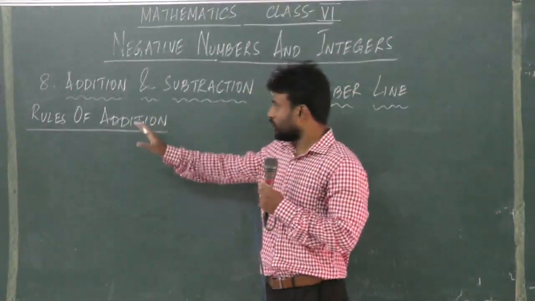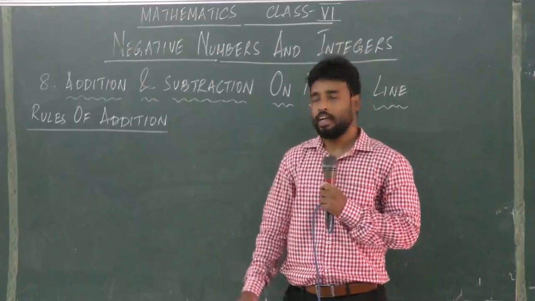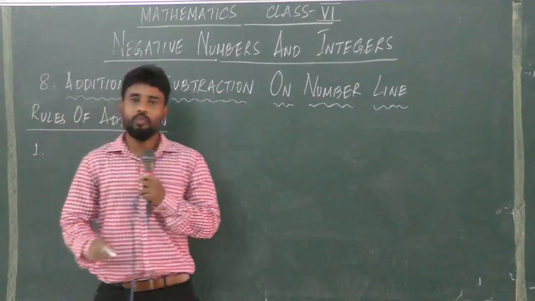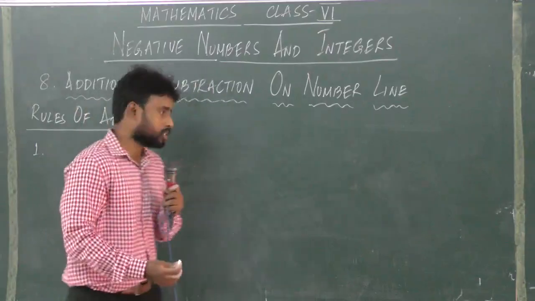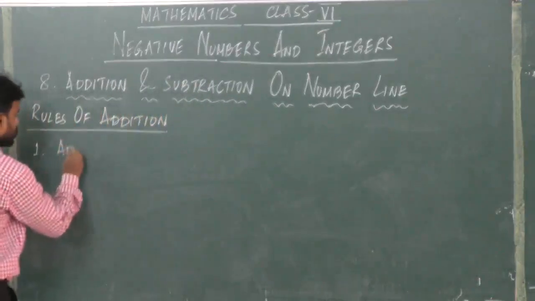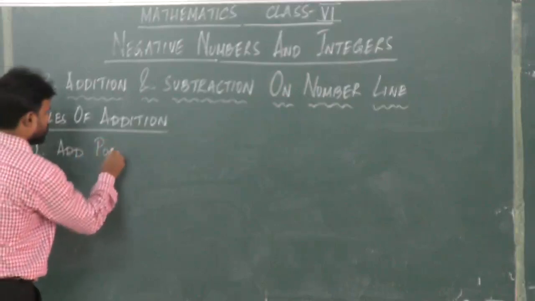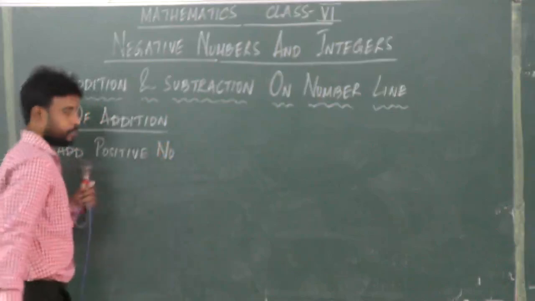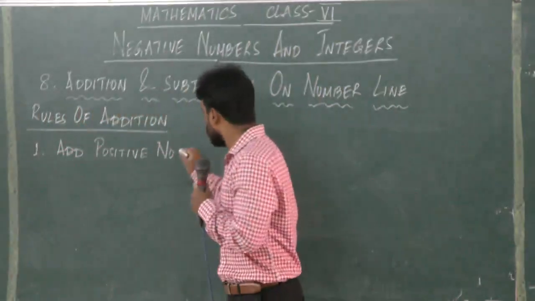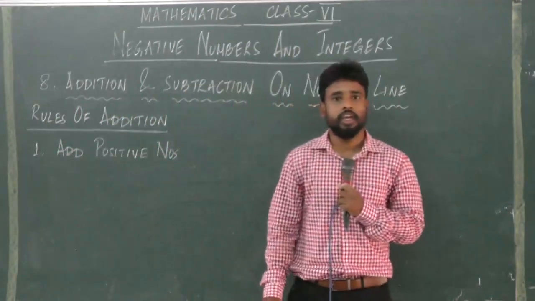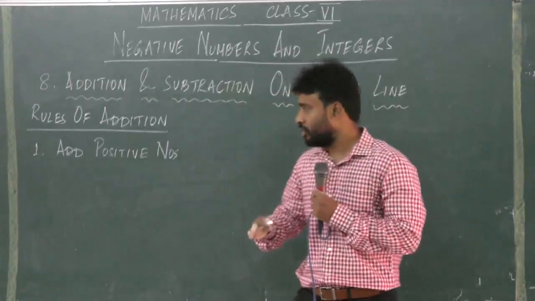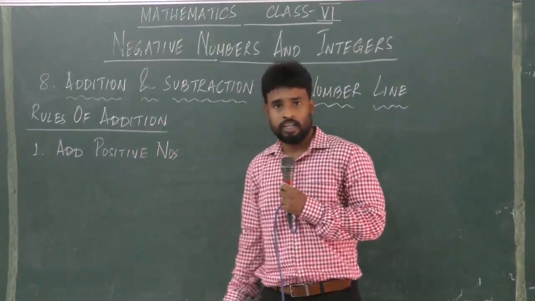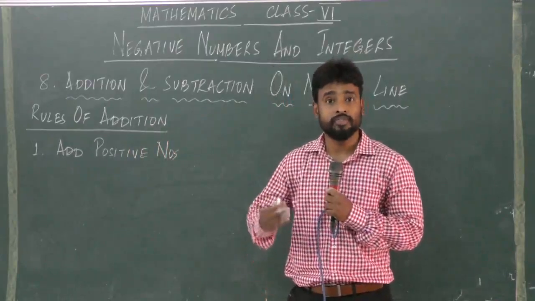Now let's come to the first, that is rules of addition. In the first case, when we want to add positive numbers, always move to the right of the number line in case of adding positive numbers.